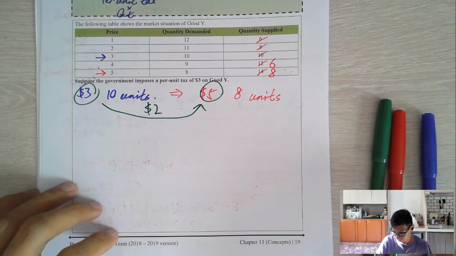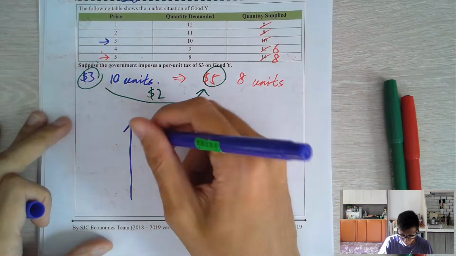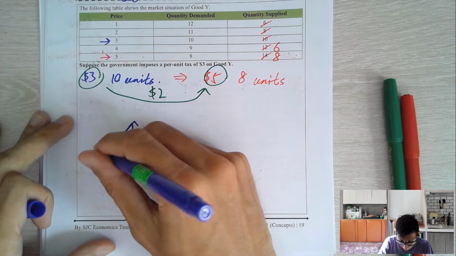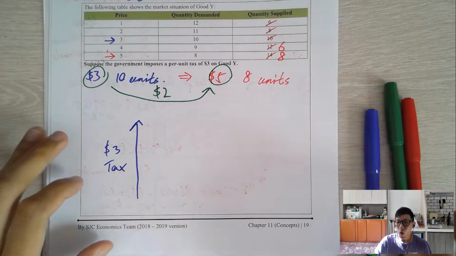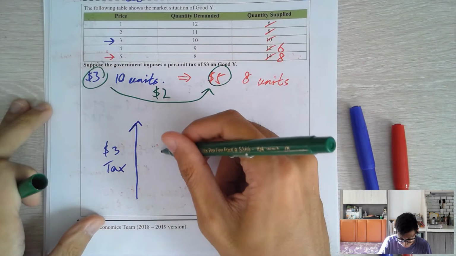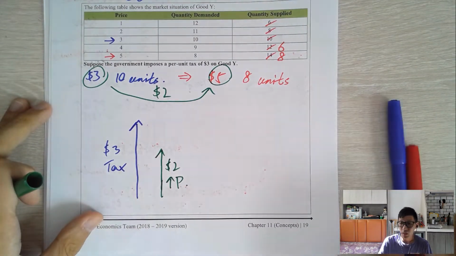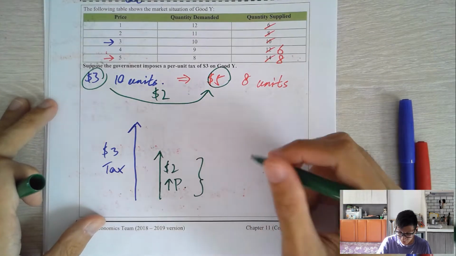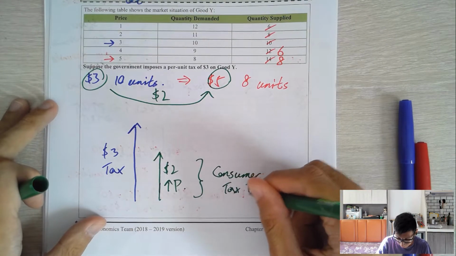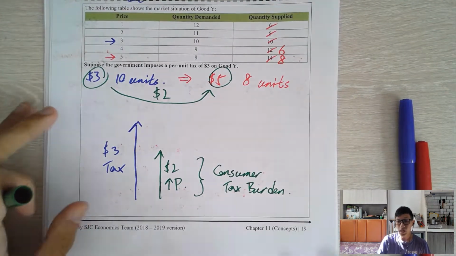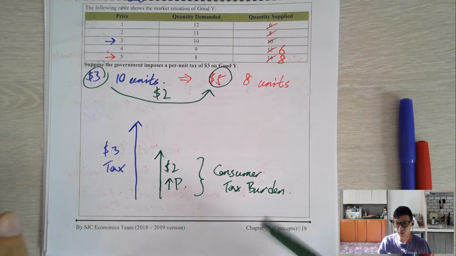Okay, 慢慢嚟。We know that the total we have $3 of per unit tax. 呢個係總共咁多。But the market price only increased by $2. 原來呢一 part 啊 ，this part is what we call the consumer tax burden。呢一 part 加咗價。When there is an increase in price, who would suffer?